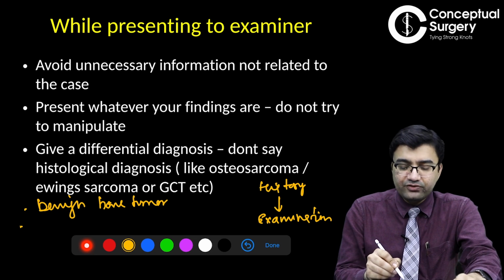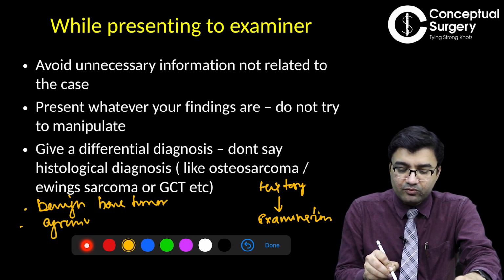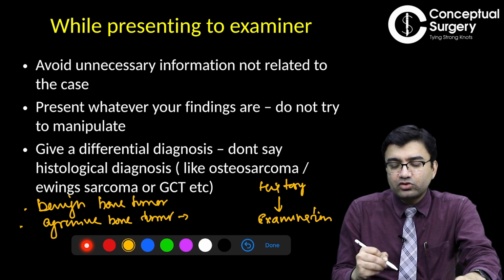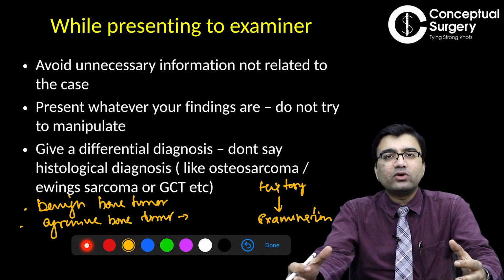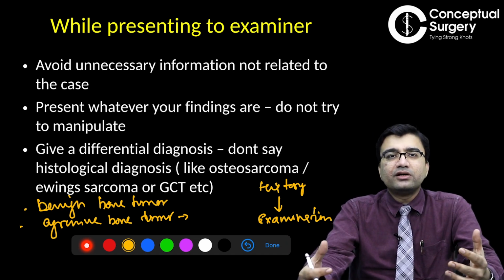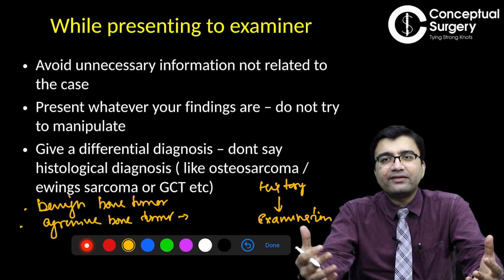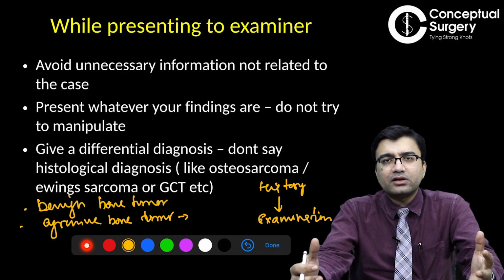If it is aggressive, you may say that it looks like an aggressive bone tumor or soft tissue tumor. Then, if the examiner asks, you can say at this age and this particular site it is likely to be a sarcoma, like considering the age and the site, you may say osteosarcoma, depending on the case.